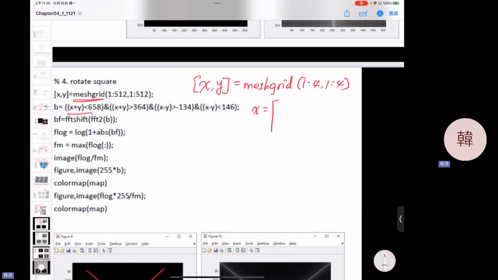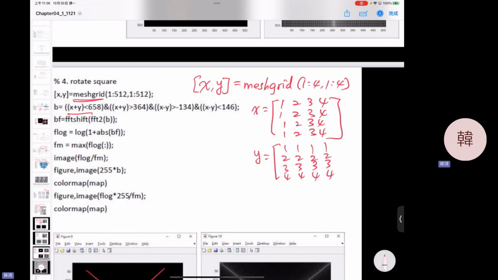The x in the x direction is 1, 2, 3, 4, which gives you the index, repeated in each row. Similarly, y is 1, 2, 3, 4 along the other direction. So you can easily create the corresponding indices you have to use.